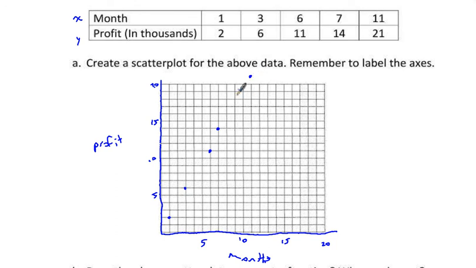These points will not create a straight line, but a straight line could go between them, and that's going to be challenging for me to do without a ruler on this tablet.